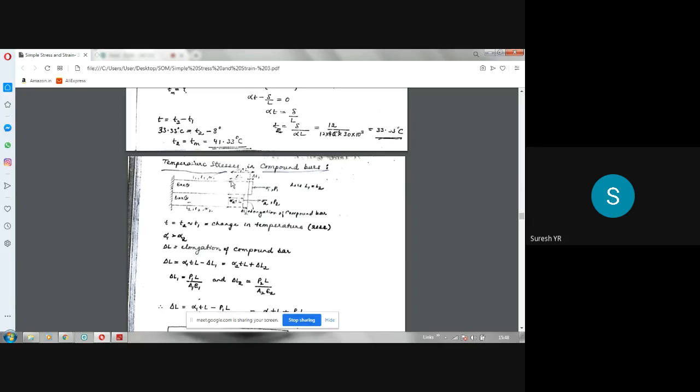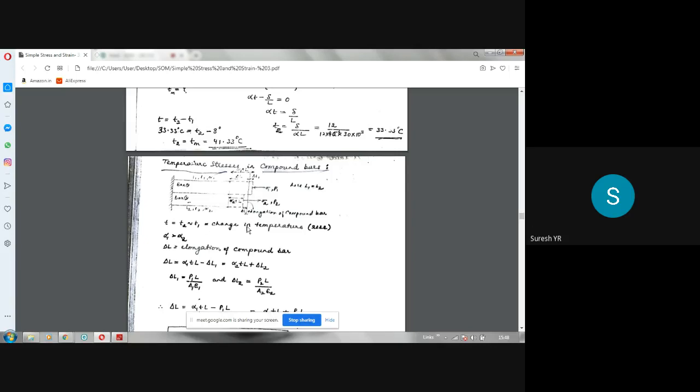So this is your delta L1, the change in length. Next, the second bar is, let us say, a copper bar. It has not elongated up to the same length. That is very important. So the elongation of the compound bar will be somewhere here in between.